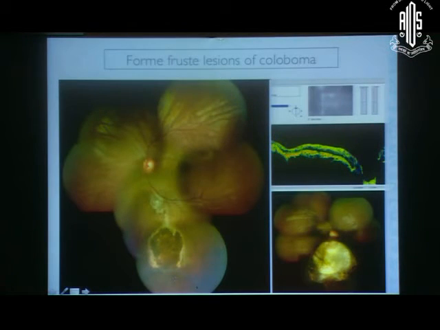You can see the ora serrata here, but here it just dips backwards. On top of the dipping backwards, there is also an area of chorioretinal atrophy. Now this I would consider as a form fruste lesion because it's in the same meridian as where you would expect a coloboma, but there is no actual coloboma in that area. And OCT of this area showed a near normal architecture of the retina, while OCT of this area showed no architecture of the retina.